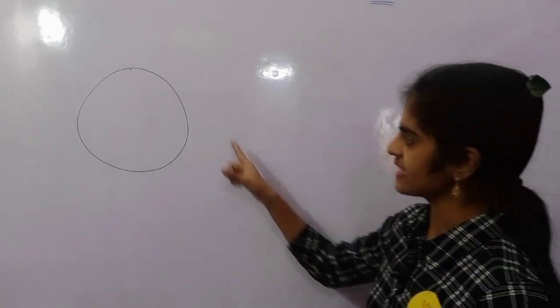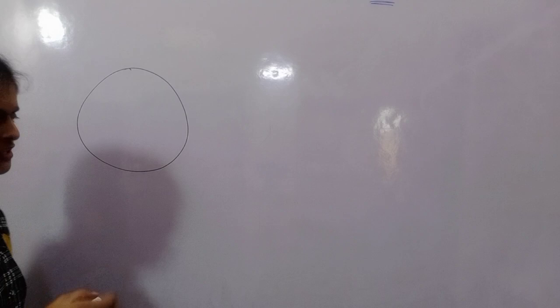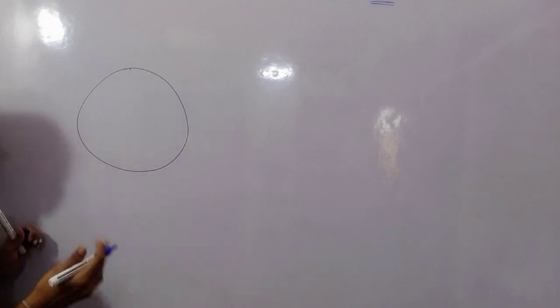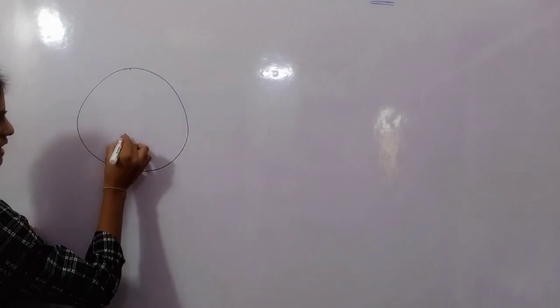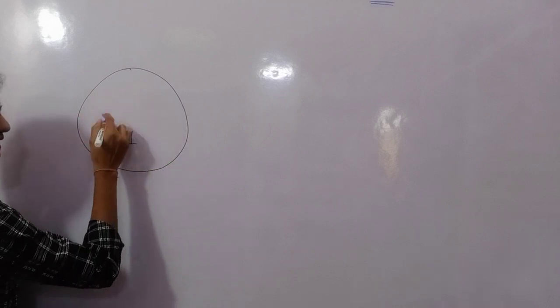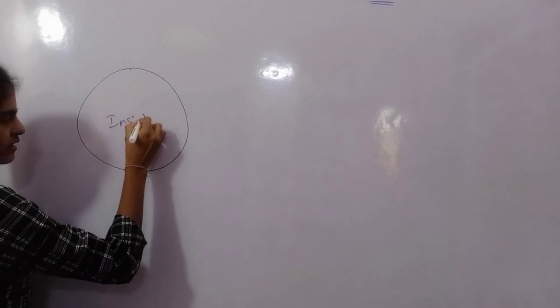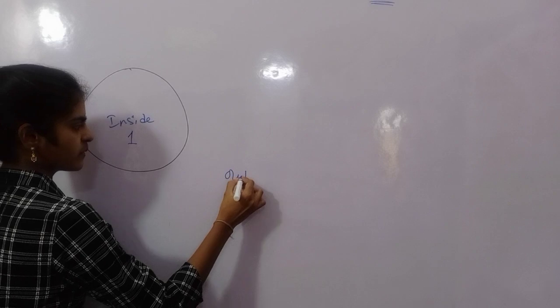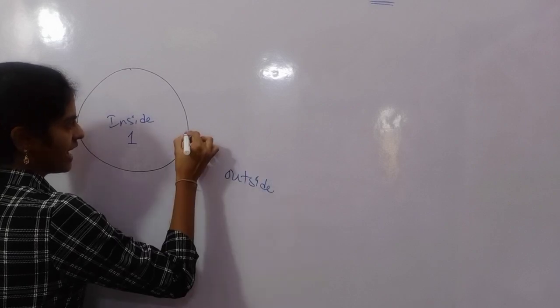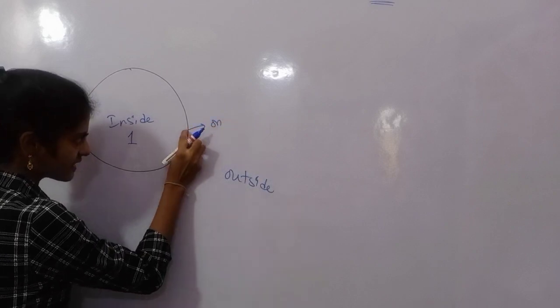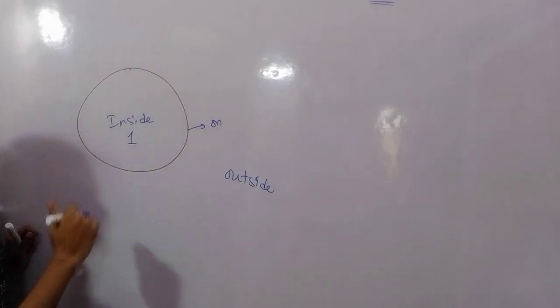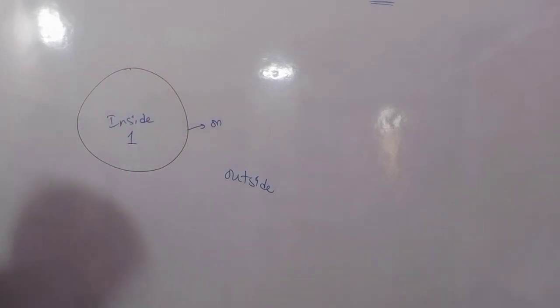You can see the circle is dividing the plane into 3 parts. You have learnt this in your lower classes also. Inside the circle is one part, outside the circle is one part, and on the circle is one part. So it is dividing into 3 parts.